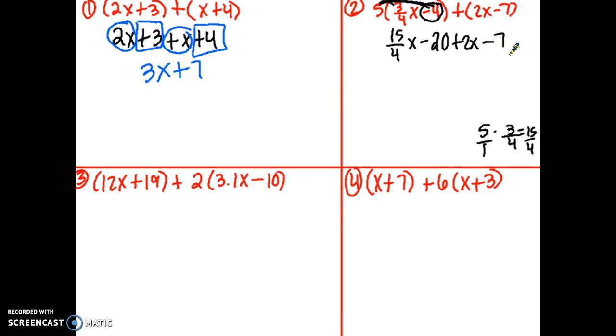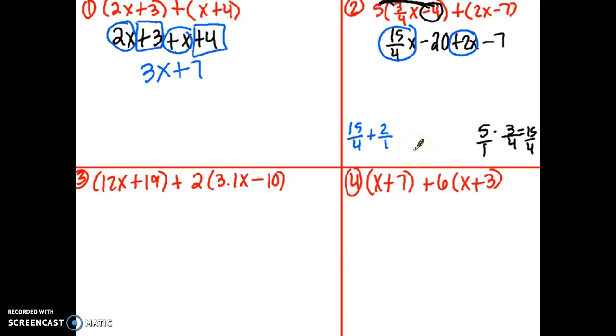Once I've eliminated the parentheses, then I can combine like terms. 15 over 4x plus 2x. So I'm going to add 15 over 4 plus 2. When you add fractions, I'm going to turn my whole number into a fraction by putting it over 1.